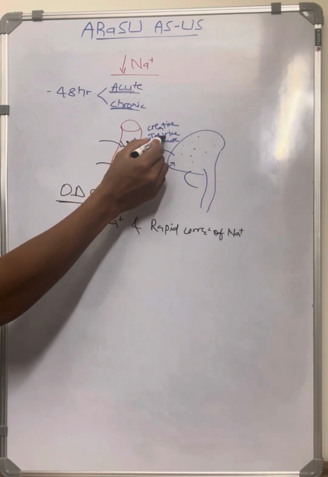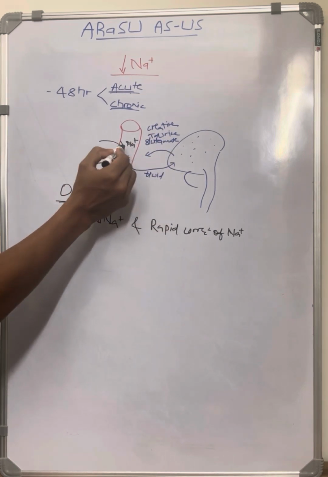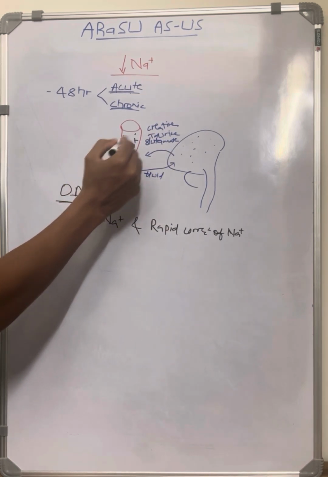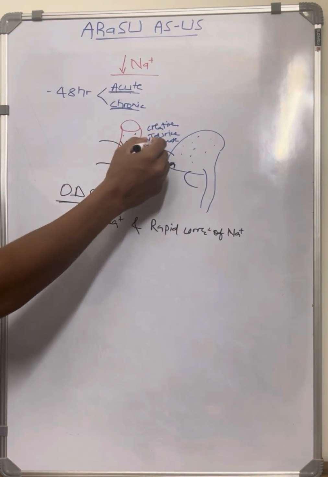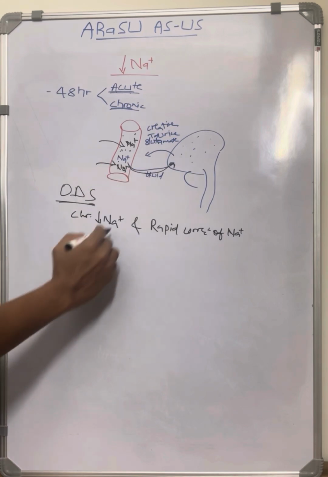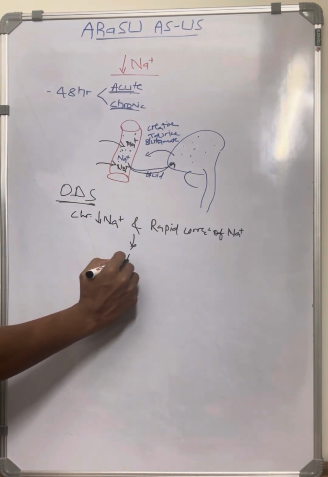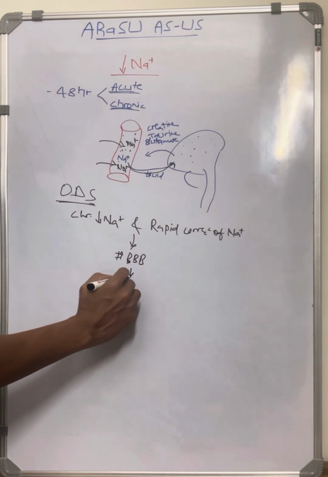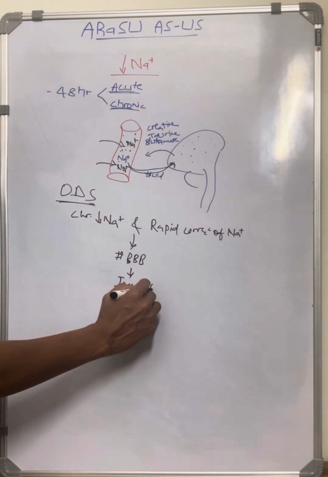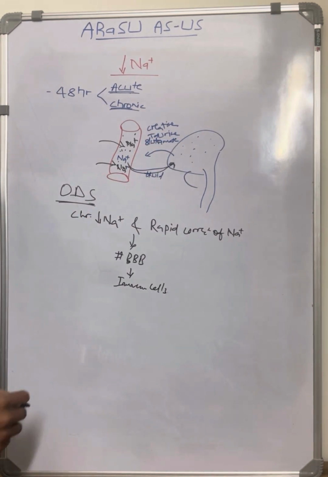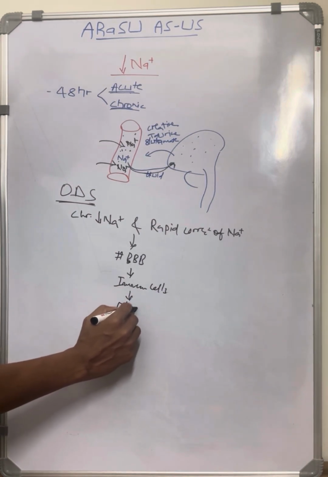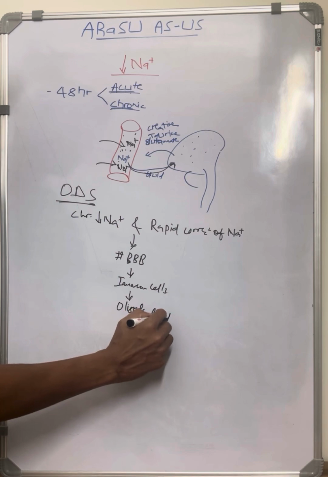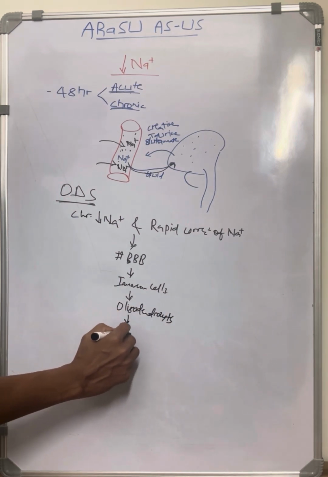But the problem is, the osmolytes which have already shifted will not go back that rapidly into the neuronal cells. And this fluid and osmolyte imbalance will also damage the blood-brain barrier. So this will give a path for immune cells to enter the brain parenchyma that will target oligodendrocytes, leading to demyelination.